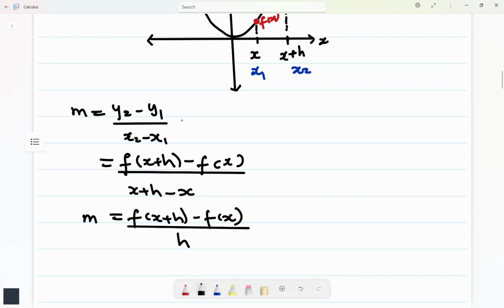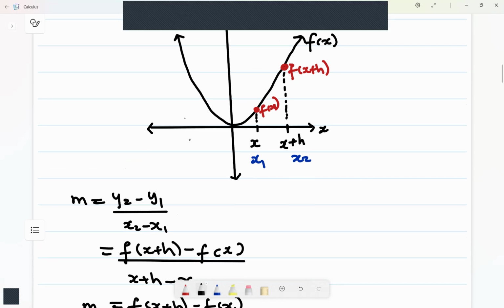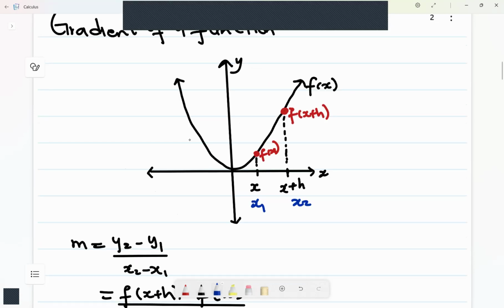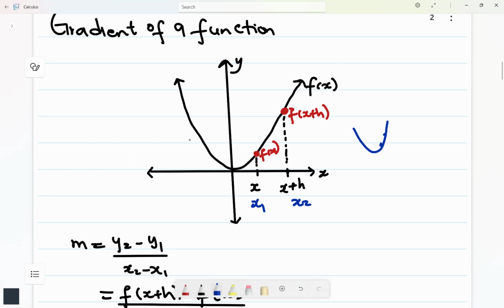This is the gradient. But now I want you to see something. The gradient that we just found right now is the gradient of a secant line. It is not necessarily a straight line. Can you see? It is between these 2 points.